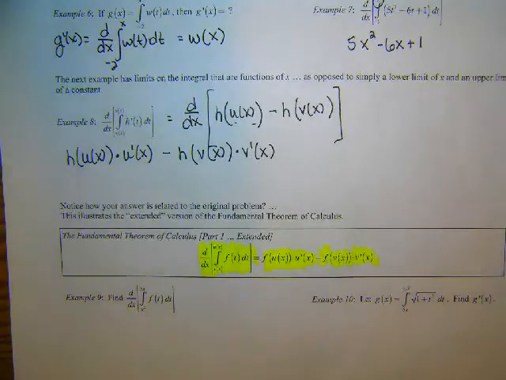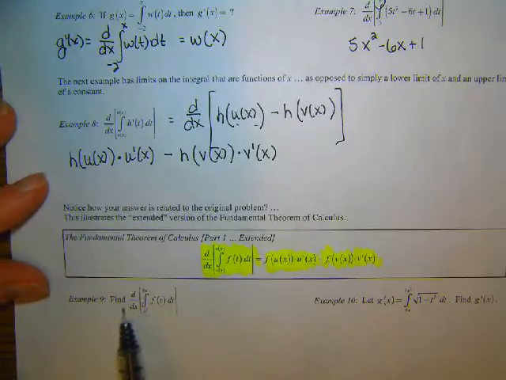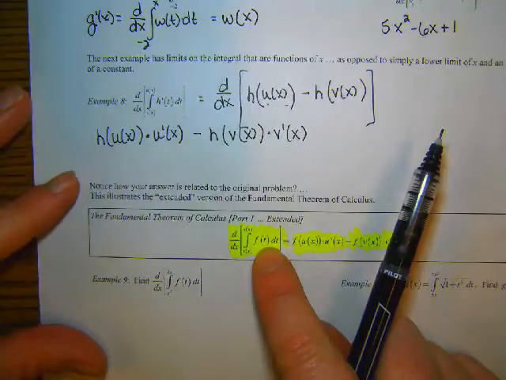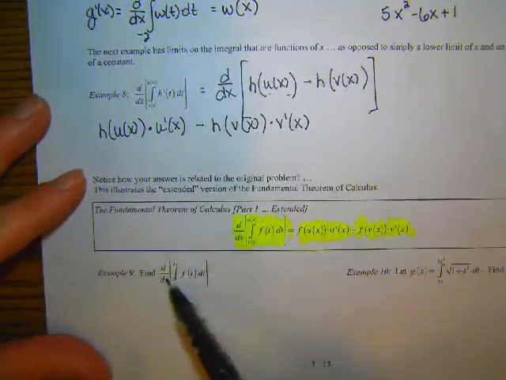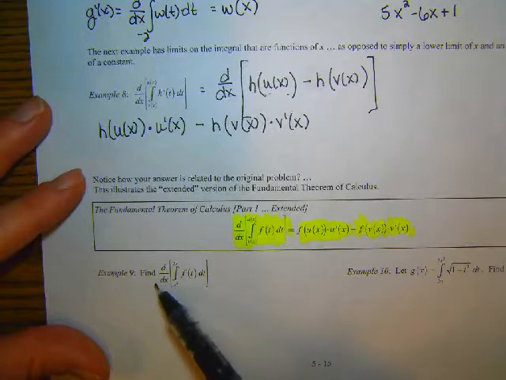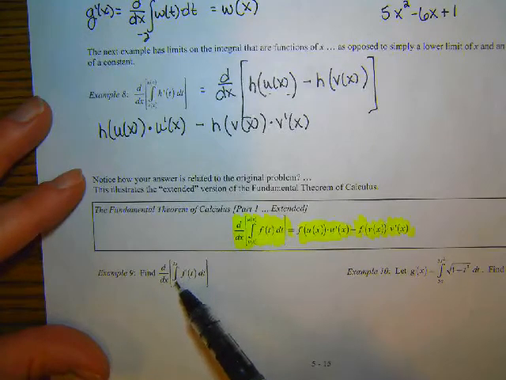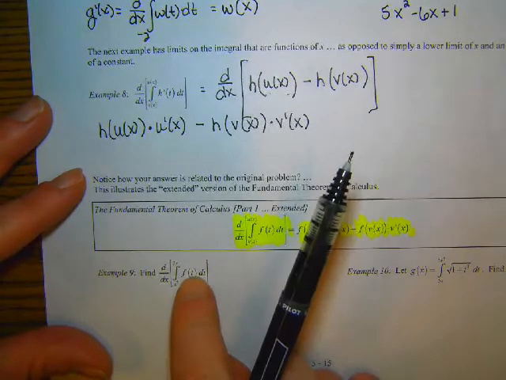Am I going too fast? Okay. So I'm using extended now. The derivative and integral cancel each other out. So I'm dealing with this function.